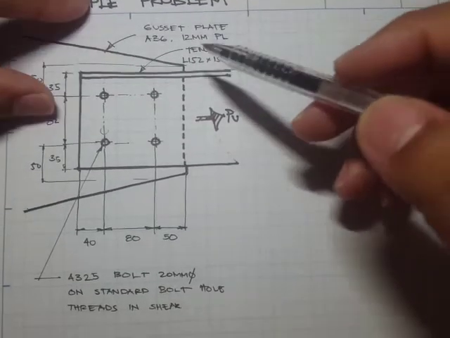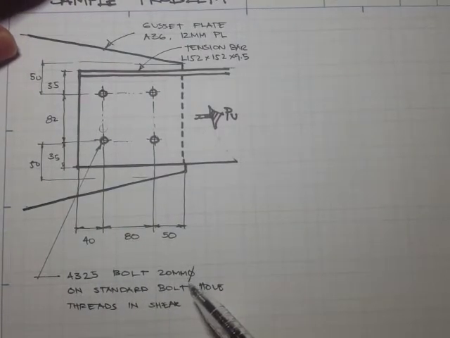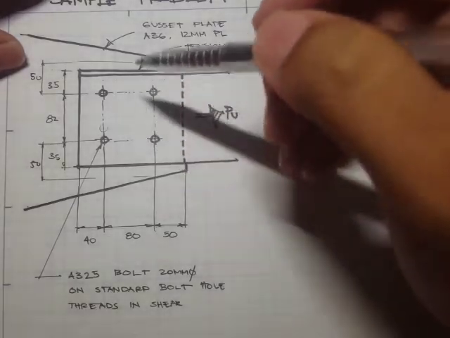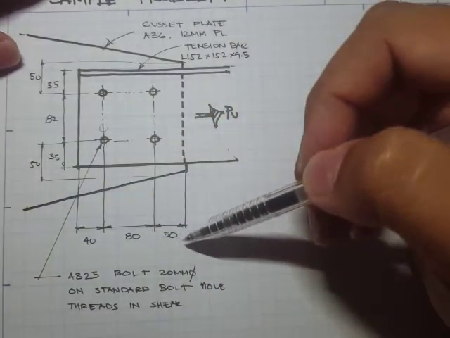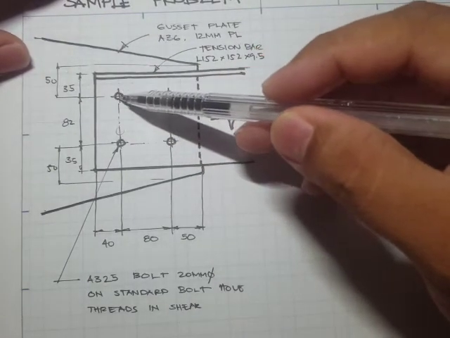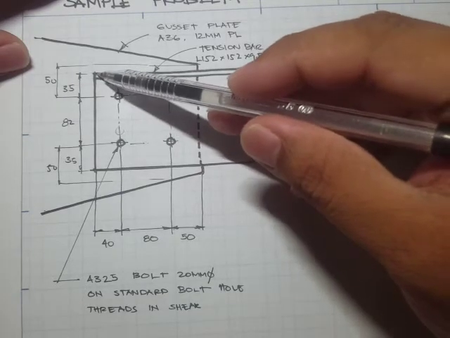The bolts are A325, 20 mm in diameter, on standard bolt holes, and assume the threads are in shear. The distances we have here are 40, 80, and 50, and here we have 35 from the center of this bolt hole to the edge of this bar.